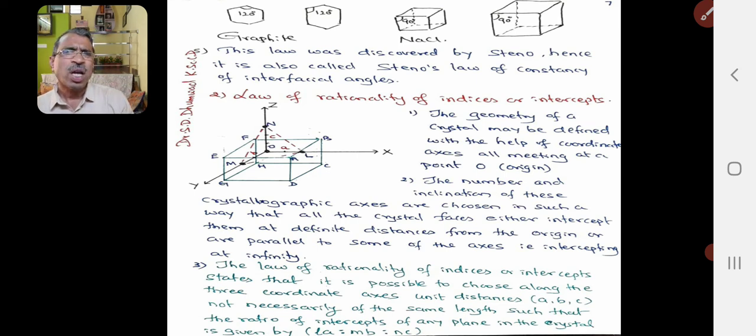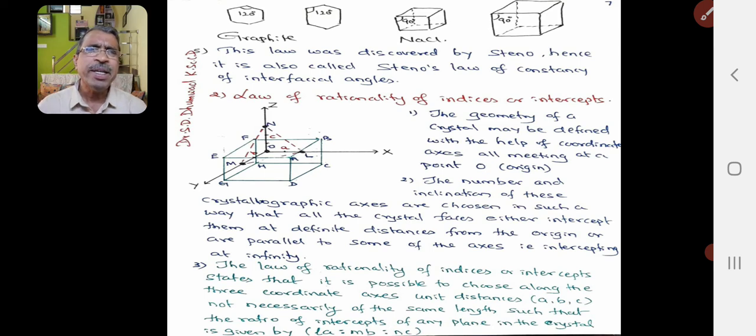So try to understand the meaning of this statement. It says the number and inclination of these crystallographic axes are chosen in such a way that all the crystal faces either intercept them at definite distances from the origin or are parallel to some of the axes, that is, intercepting at infinity. Take in the diagram the face ABCD.